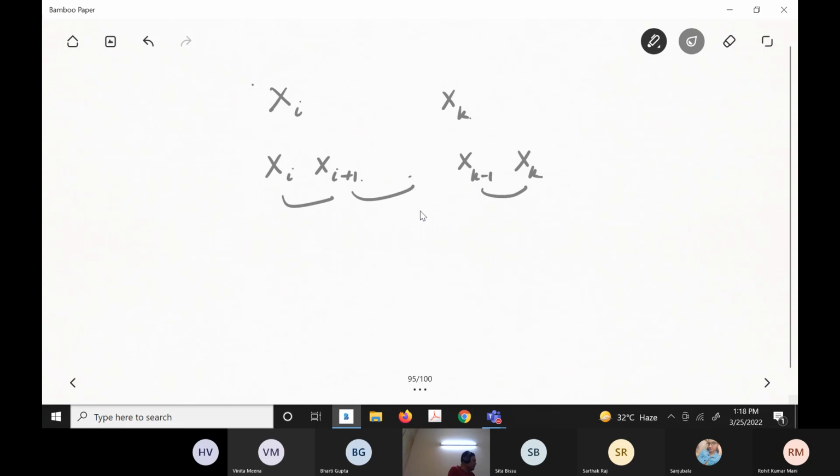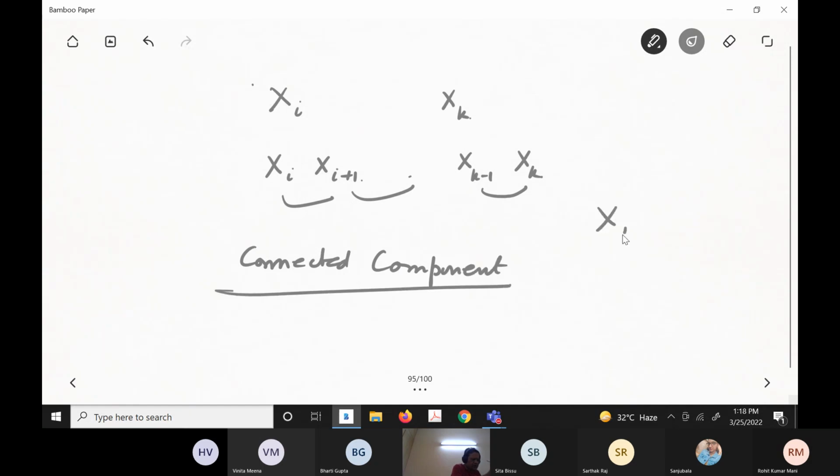Now that example I have given. Okay, got it? So I will teach you connected component later on. I'm just telling you what connected component means. Suppose X, tau need not be connected.